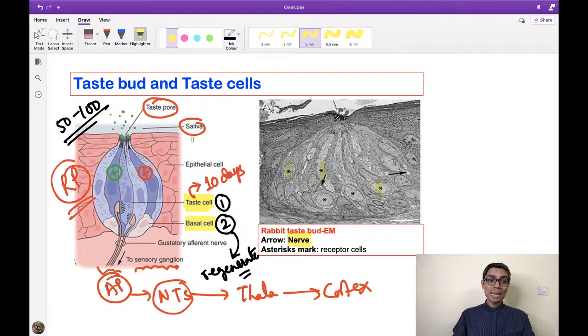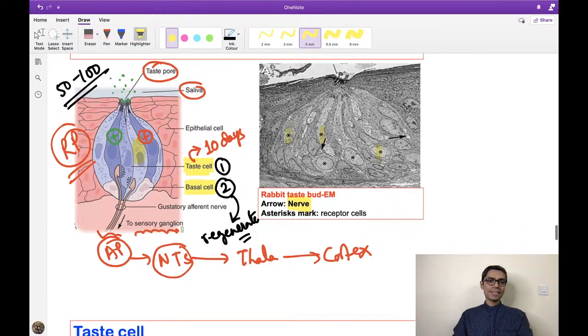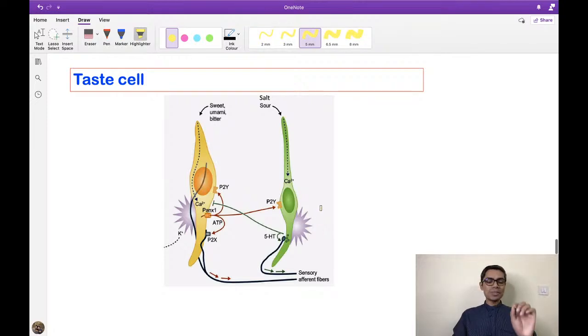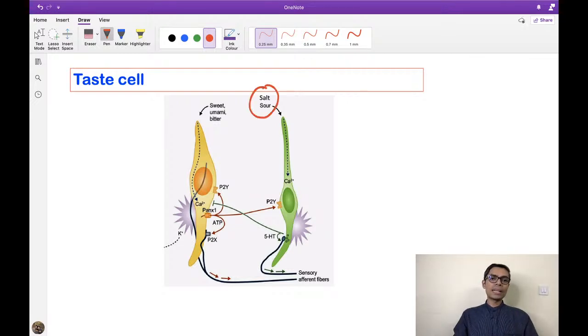Now if I magnify one of these taste cells from this bud, you will find that the cell looks like this. There are 2 varieties of taste cell. The detail is not required for your purpose, but you have to remember that salt and sour are detected by one type of taste receptor, and sweet, umami and bitter are detected by a different type of taste receptor.